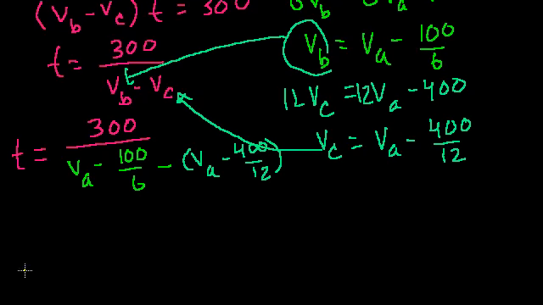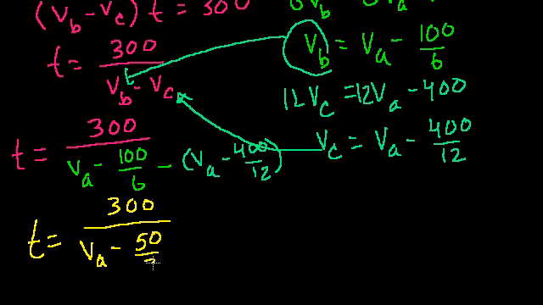I'll just arbitrarily switch colors. T is equal to 300 over VA minus, what's 100 over 6? 100 over 6 is the same thing as 50 over 3. Distribute the minus sign. Minus VA, we can already see these are going to cancel out. Minus times a minus, plus 400 over 12 is the same thing as 200 over 6 or 100 over 3, right?